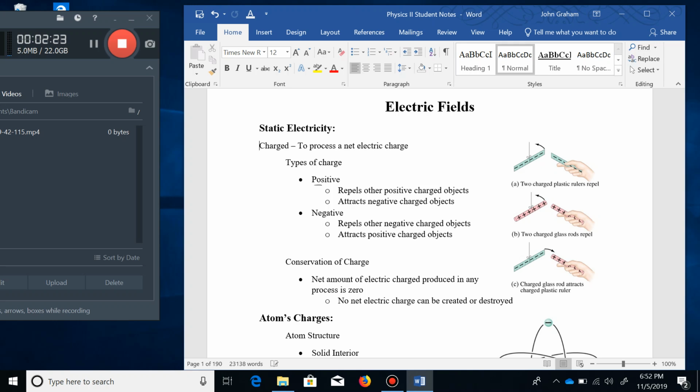We have a positive charge, and the best way to think about that is a proton.